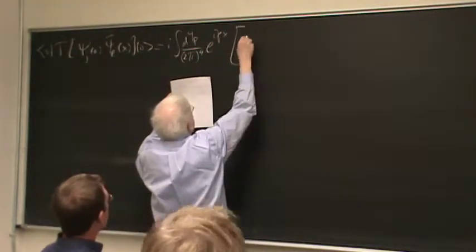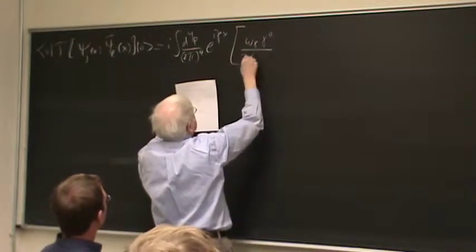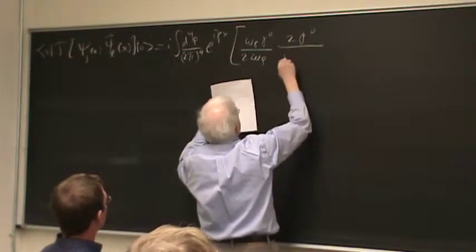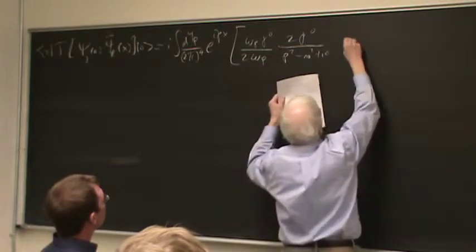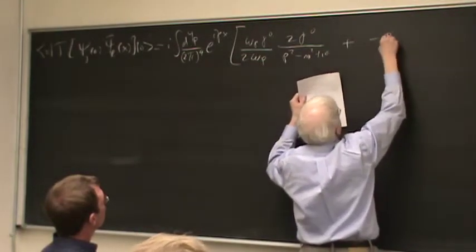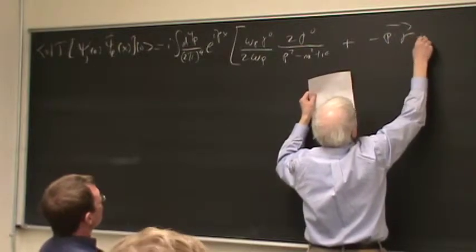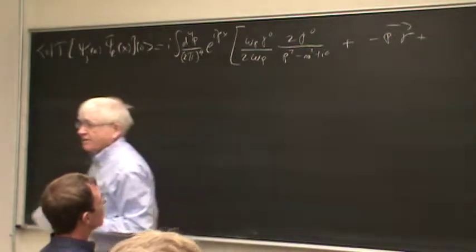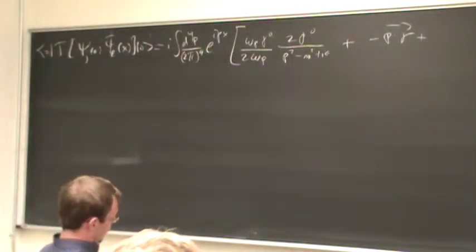And then we have omega p gamma 0 over 2 omega p, 2p0 over p squared minus m squared plus I epsilon, plus minus p dot gamma. I'm saying here plus m. Yeah, you see the sign of m also flipped.